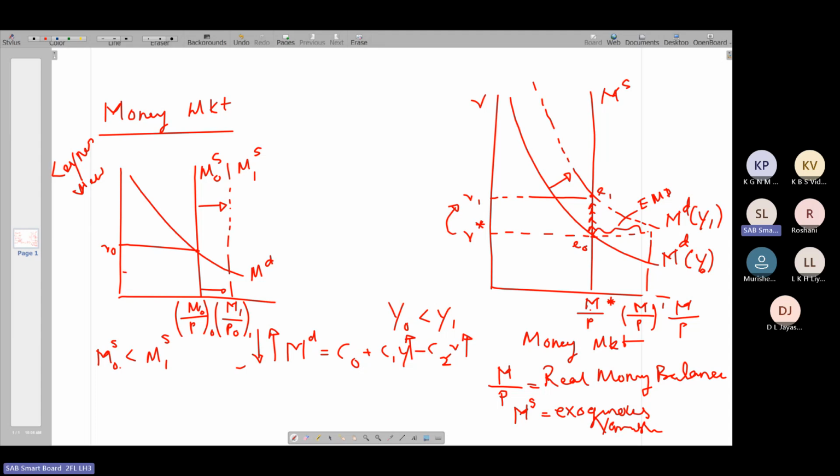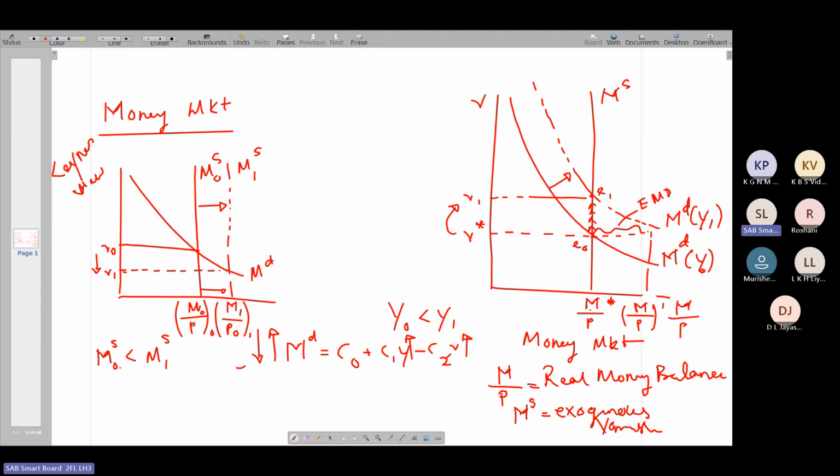What happened? As a result of that, we see that there is a decline in the interest rate. Equilibrium interest rate decreases. Real money balance increases. Because under the expansion in monetary policy, the central bank increased the money supply, shifting the money supply to the right.